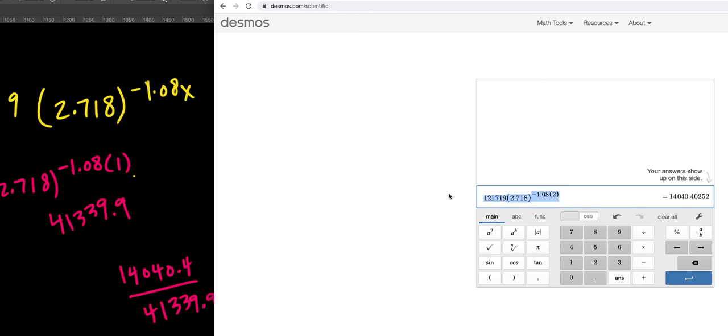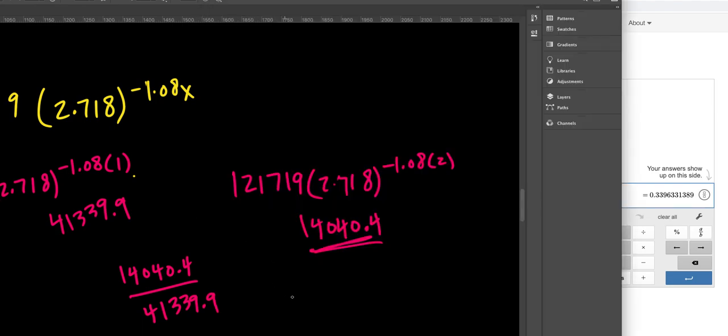And we can get rid of this now. And so we go 14040.4 divided by 41339.9. We get 0.33. And so remember, we think of this like a percentage, so it's 33%.